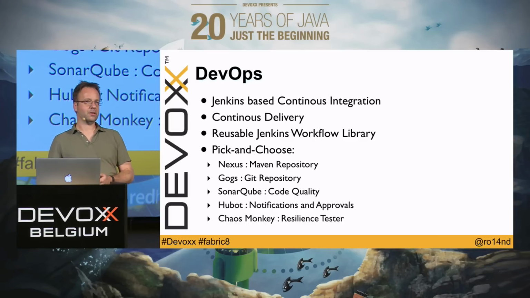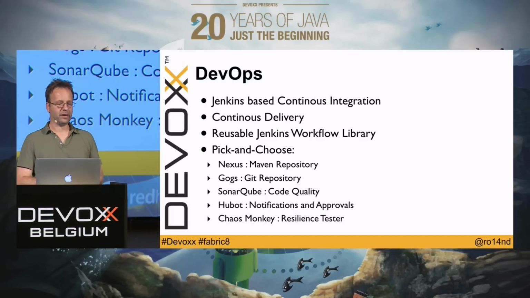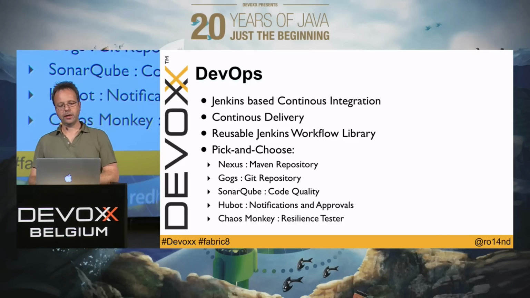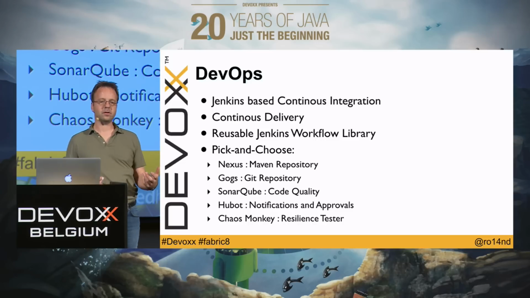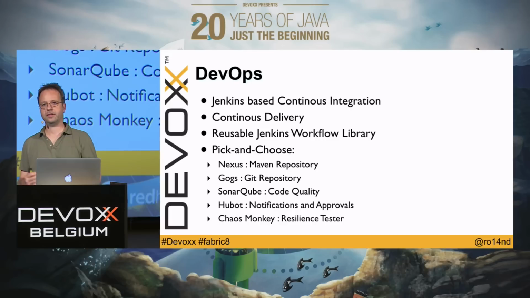And finally, there's also a very nice service called Chaos Monkey, of course inspired by Netflix's Simian Army, which is simply a resilience tester. So it's a service which simply kills other services in your cluster. And then hopefully, if Kubernetes is really self-healing, everything works fine.